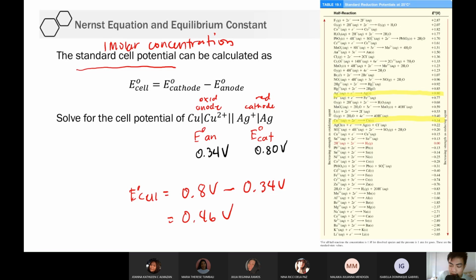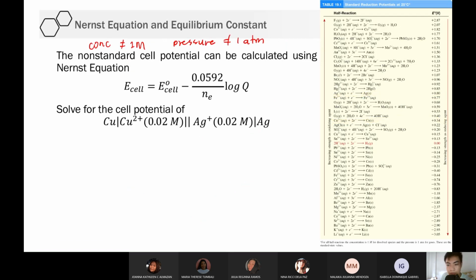Again, kapag standard, 1 molar concentration, 1 atm pressure. Pero kapag non-standard, that is not equal to 1. No? The concentration or the pressure is not equal to 1. So if that's the case, then we have to use a different equation, which is the Nernst equation. Okay, so we are going to use the Nernst equation.